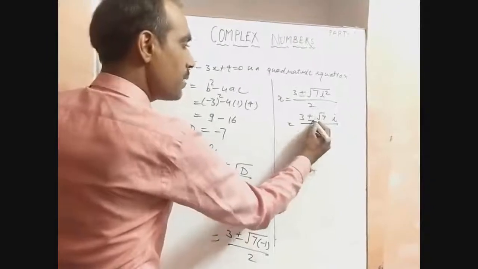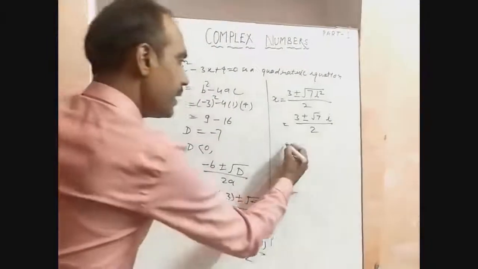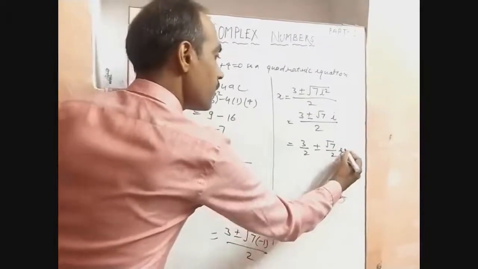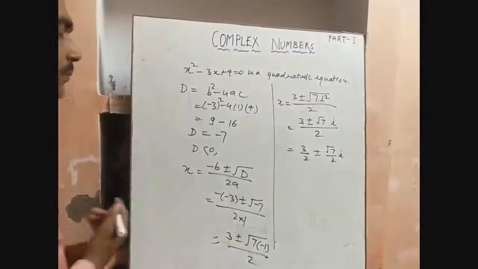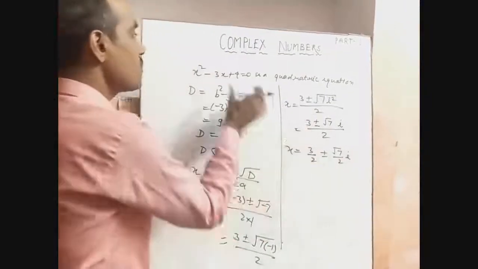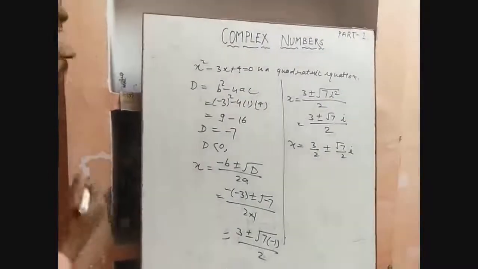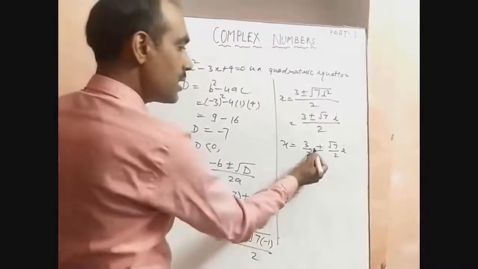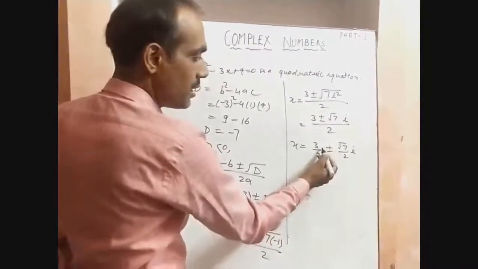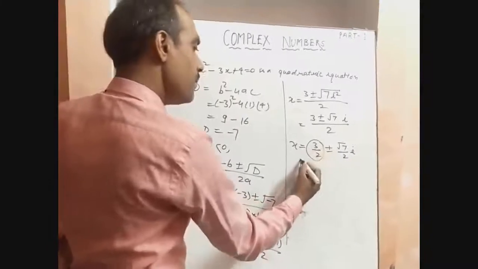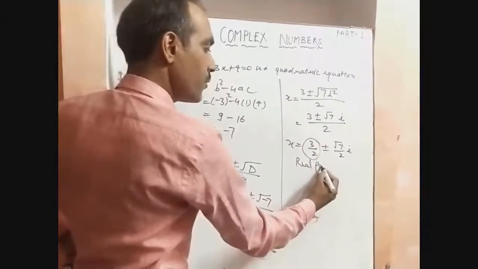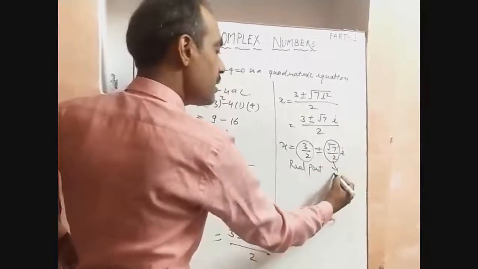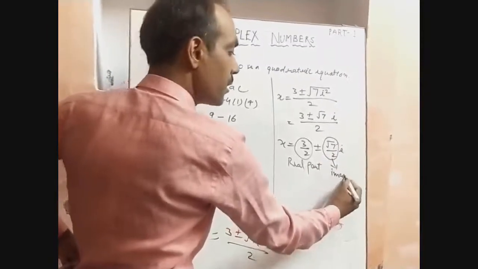This is plus minus, and write it separately. Then these are the roots of this equation. Okay. And in this type of number, this is the real part and the coefficient of i is called the imaginary part.